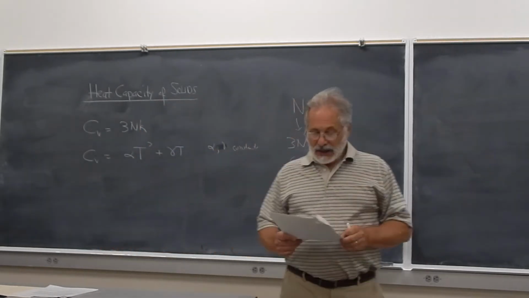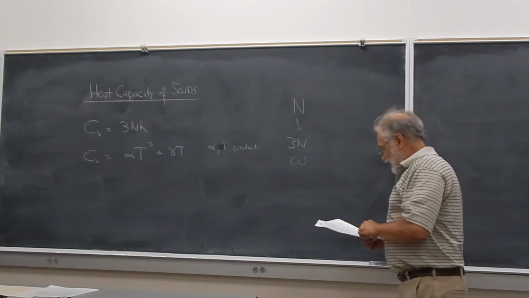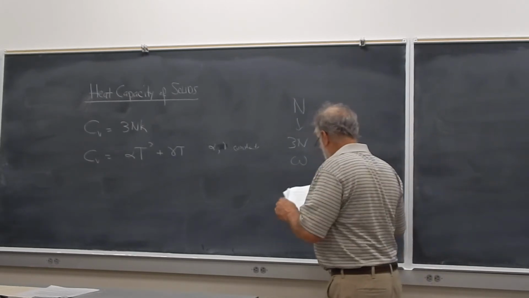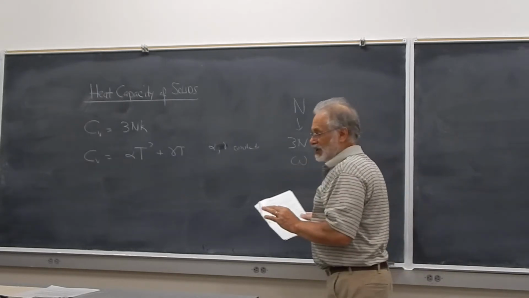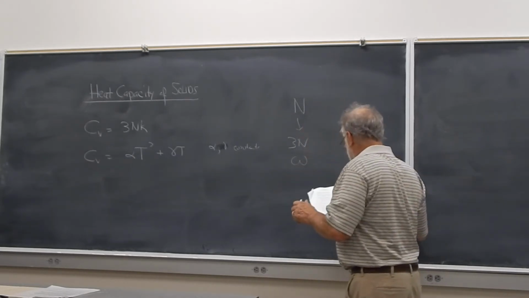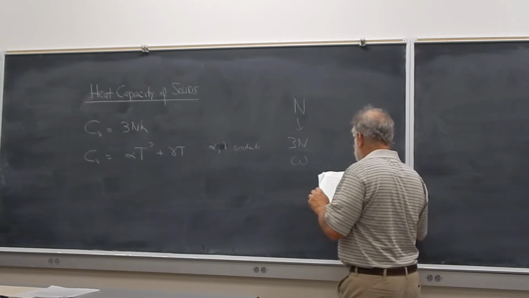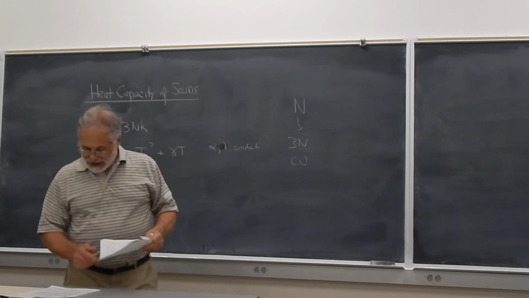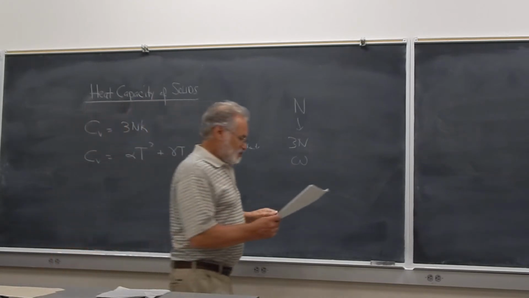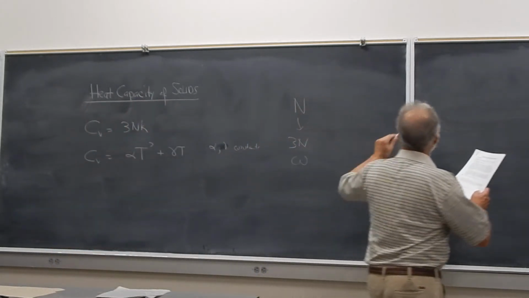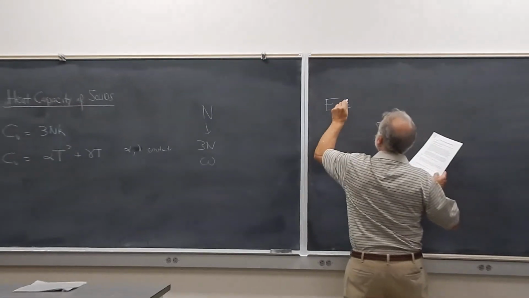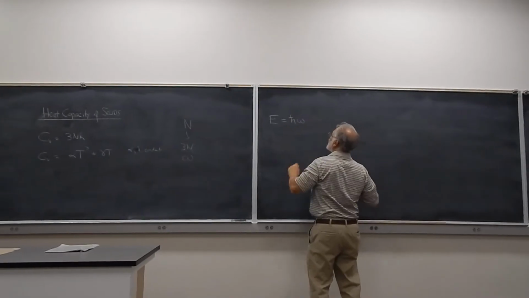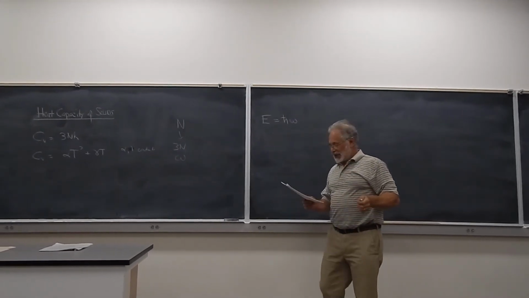So, let's do the following. We were exposed to the Einstein model early on. Let's write it this way. Let's talk about the energy of these oscillators as being h bar omega, similar to the Planck formula.